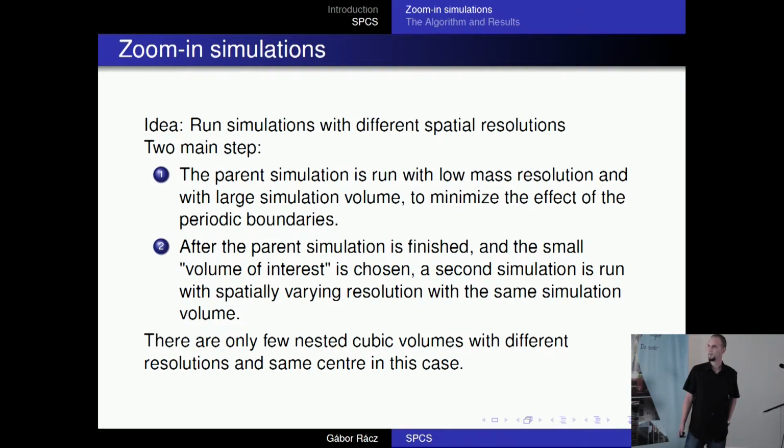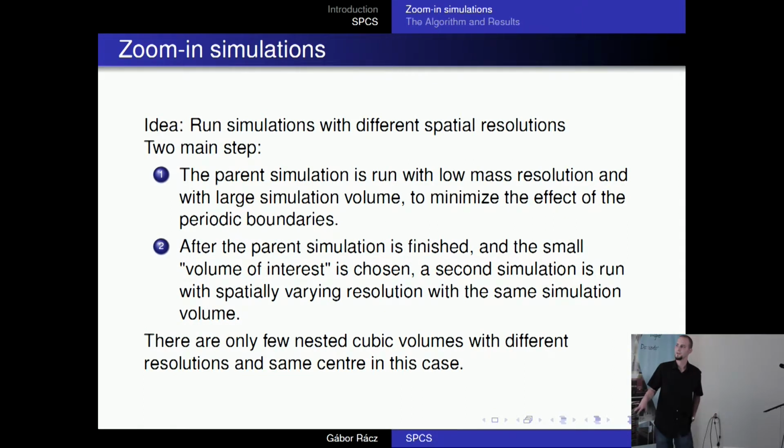The first is that the parent simulation runs with low mass resolution and with a large simulation volume to minimize the effect of the periodic box. And after the simulation is finished, we choose a small volume of interest where we are interested in the fine structure, for example, galaxies or something like that.